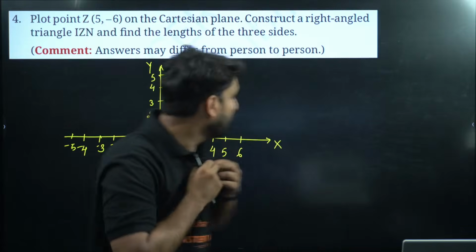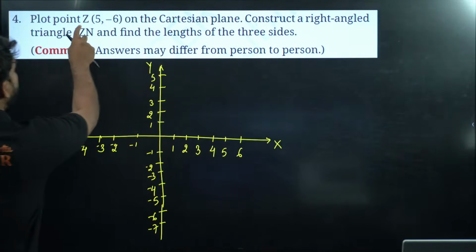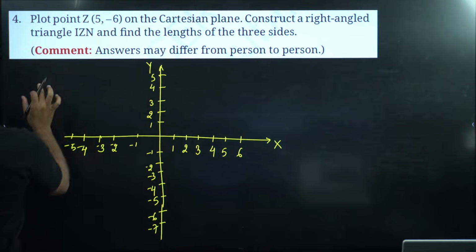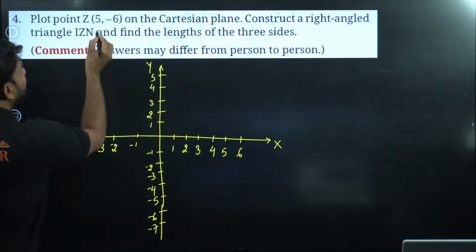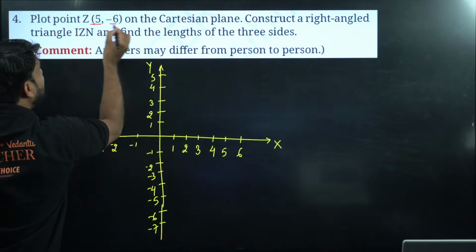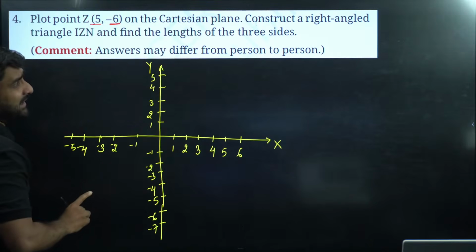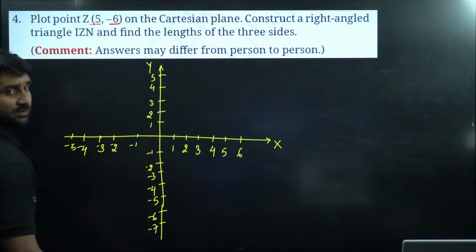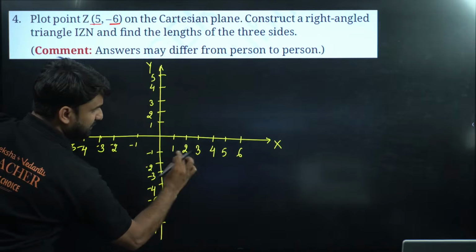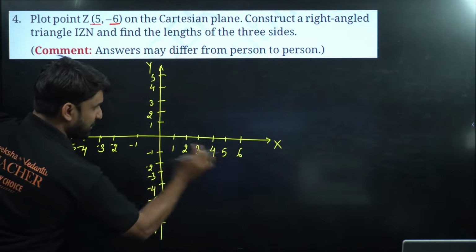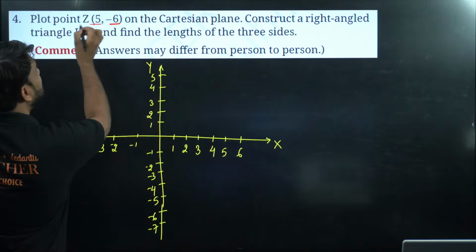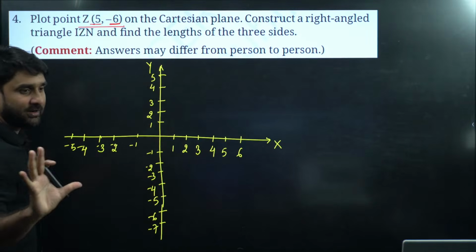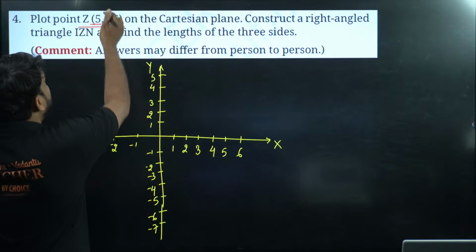Okay. So look at the question. Now mark point Z 5, minus 6. My dear champion, if x is positive and y is negative, it indicates that the quadrant will be fourth. Why? This fourth quadrant is made up of positive, negative. X positive, y negative. So this point Z will be lying in the fourth quadrant. And where will be the point? Look at the x coordinate.